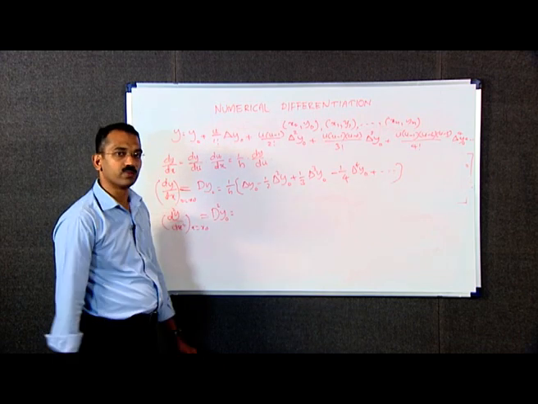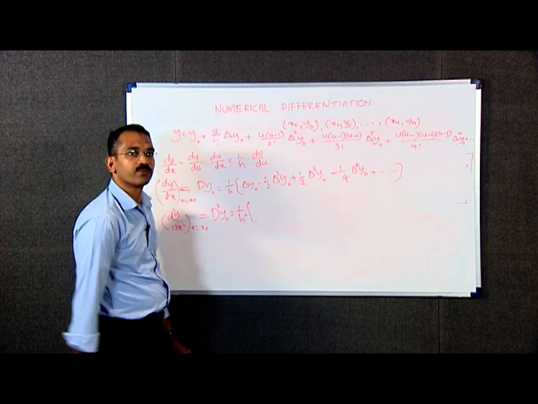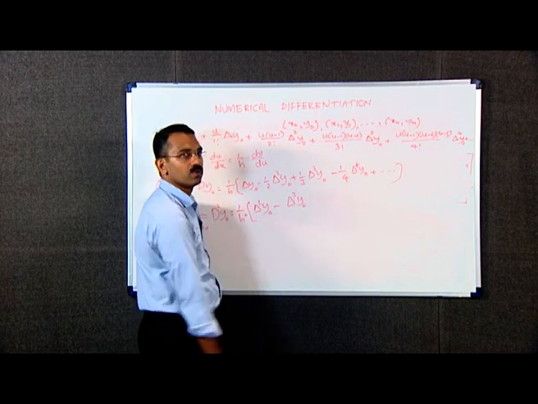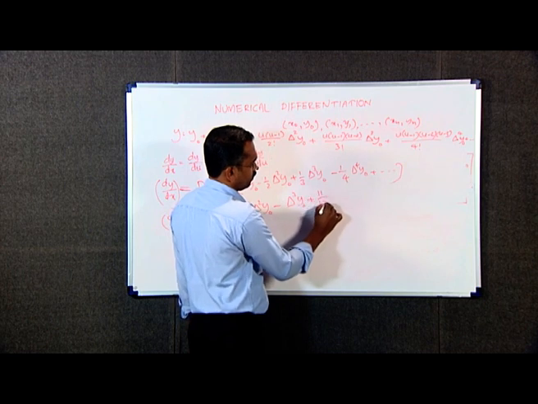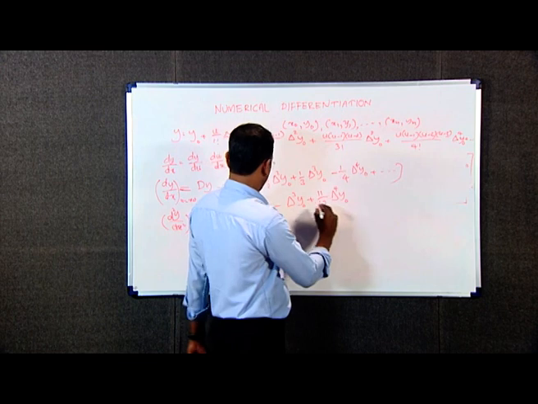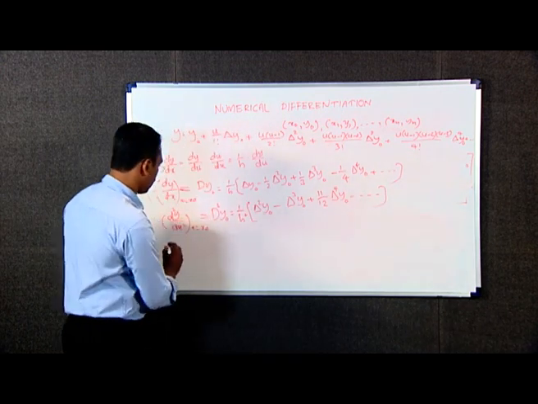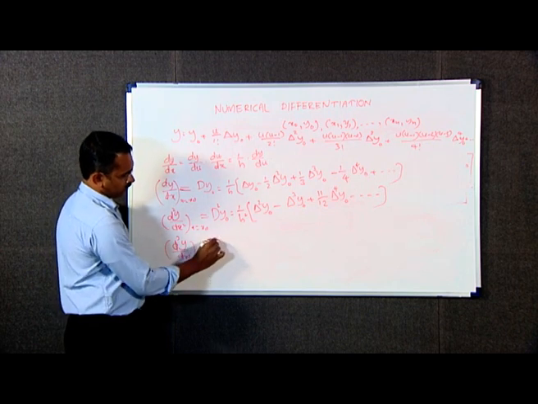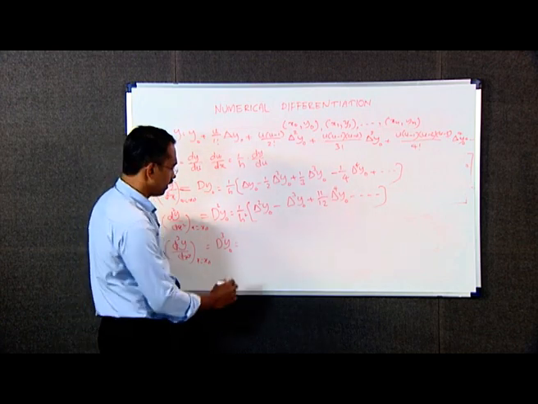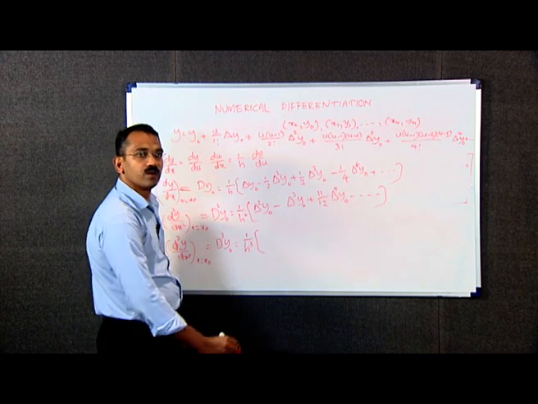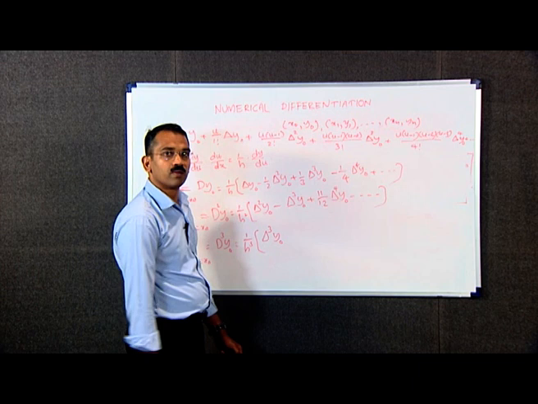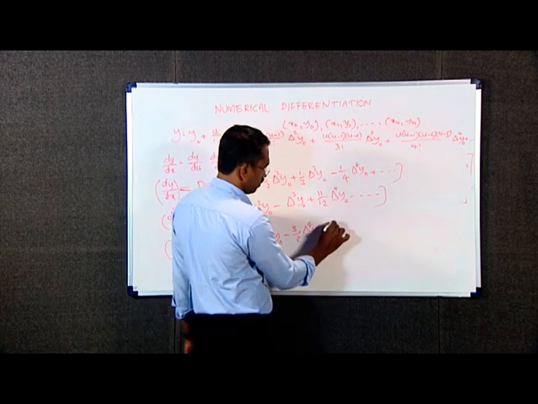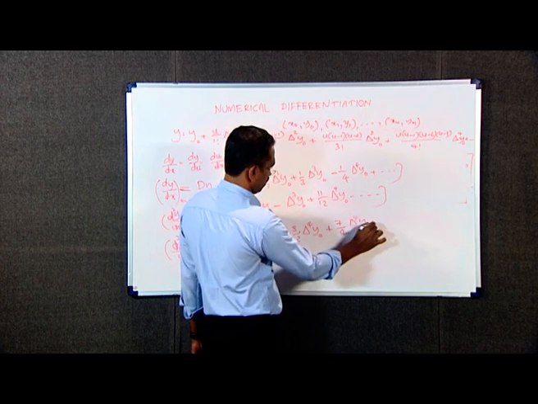We have to use this symbol, which is equal to 1 by h square into delta square y naught minus delta cube y naught plus 11 by 12 delta raised to 4 y naught minus etc. And the third derivative, d cube y by dx cube at x equal to x naught, is capital D cube y naught, which is equal to 1 by h cube into delta cube y naught minus 3 by 2 delta raised to 4 y naught plus 7 by 4 delta raised to 5 y naught minus etc.